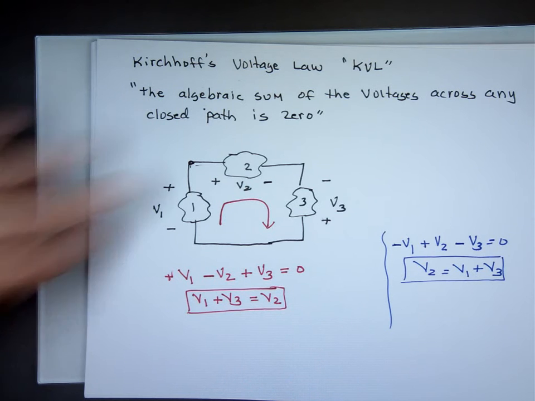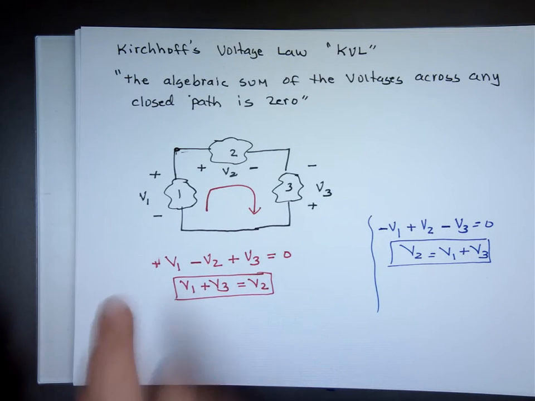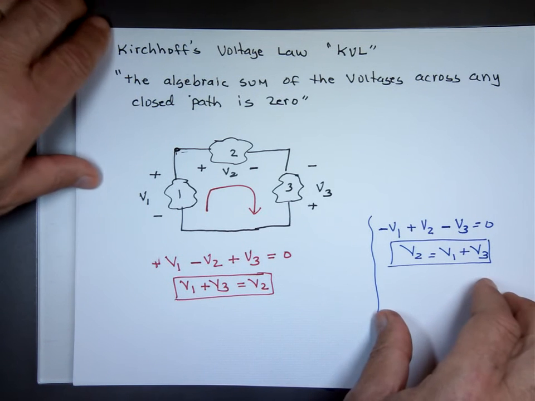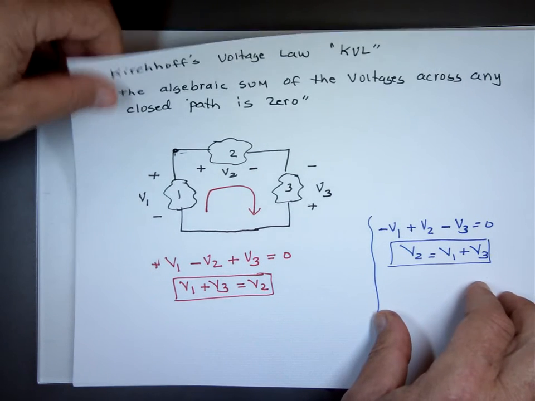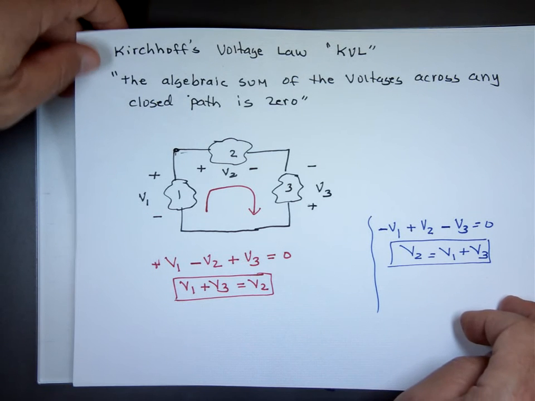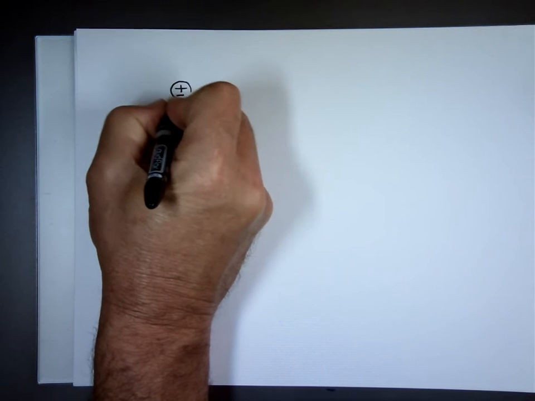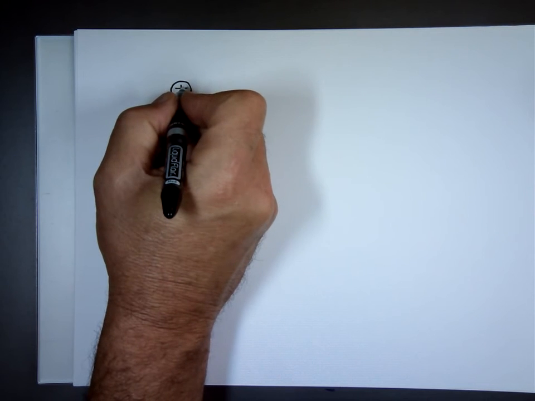Let's take an example on Kirchhoff voltage law, KVL. Let's say I have this example. Independent voltage source of the value of 5.